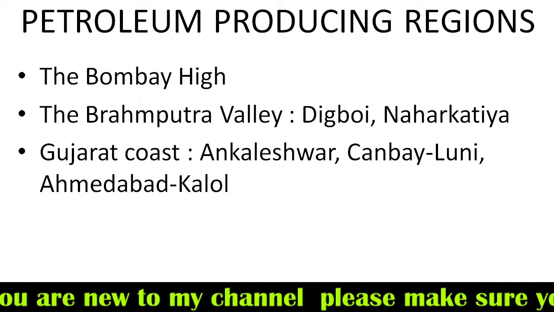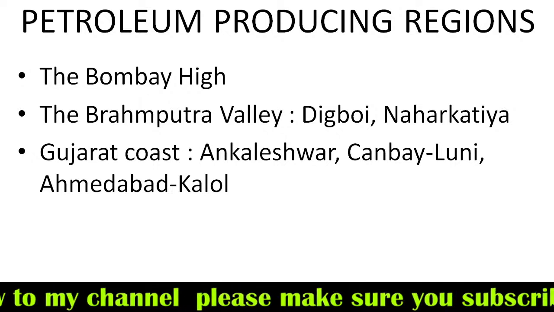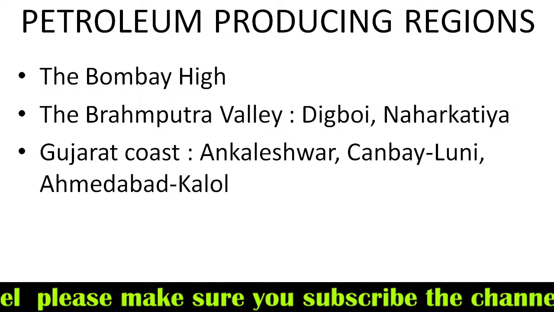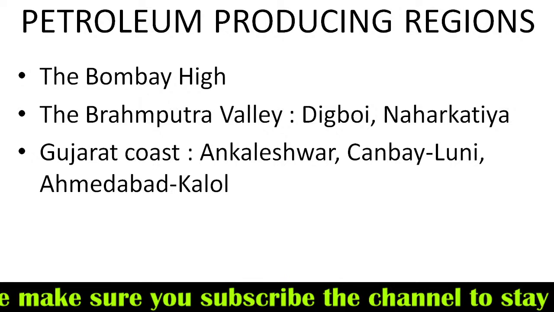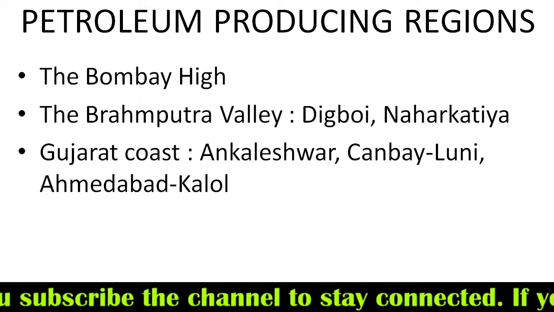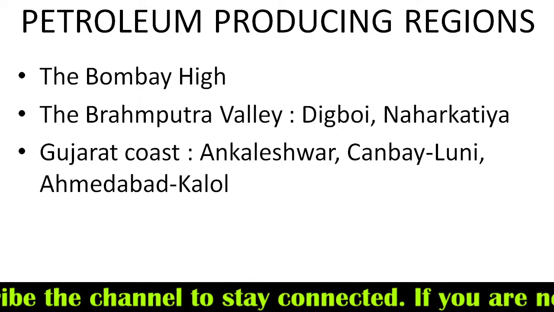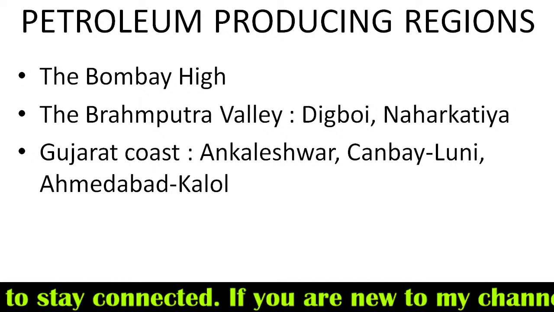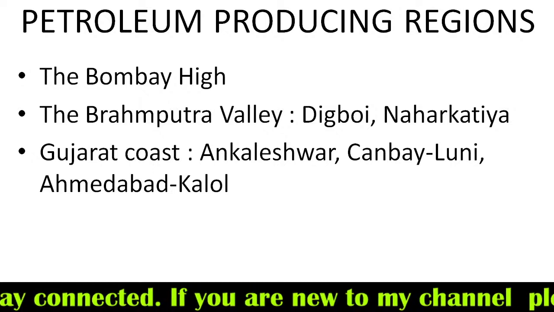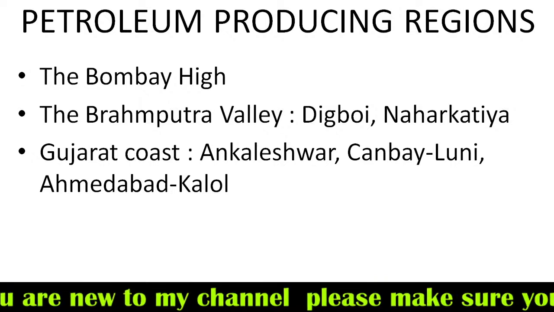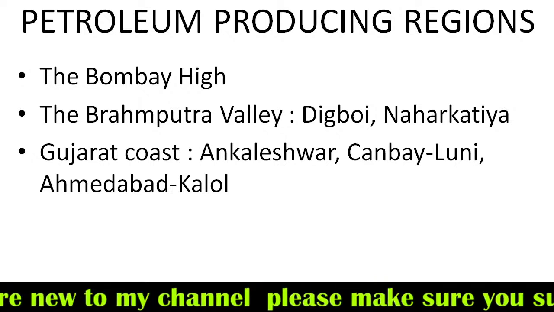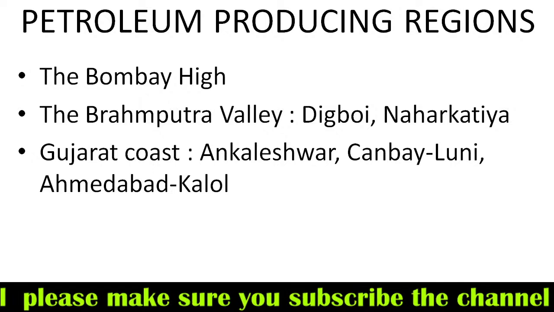Then next we have the Aliabet oil field, 45 kilometers away from Bhavnagar, Gujarat. Other prominent places in Gujarat include Ankaleshwar. It is the largest and oldest oil field in Gujarat.